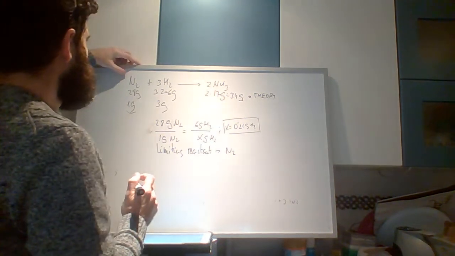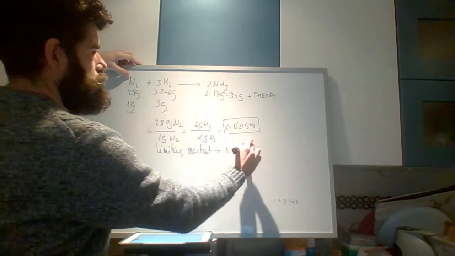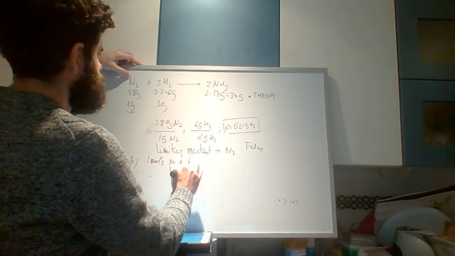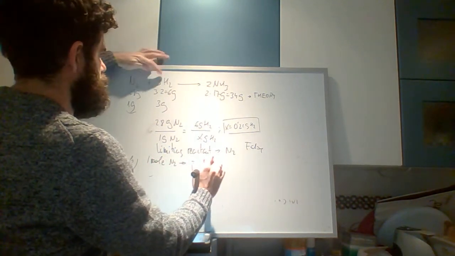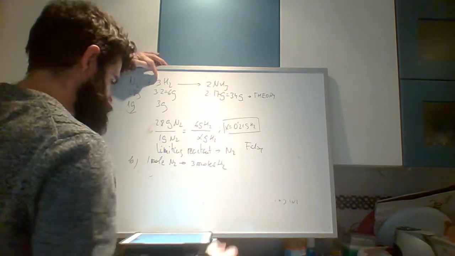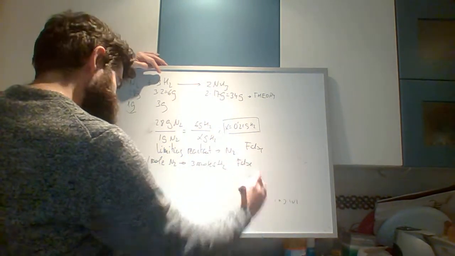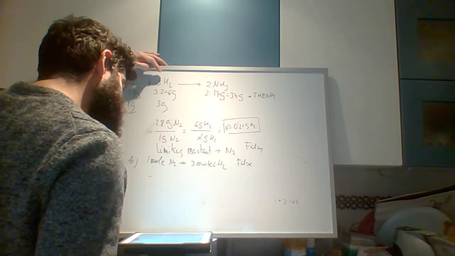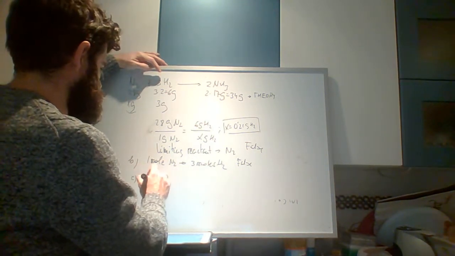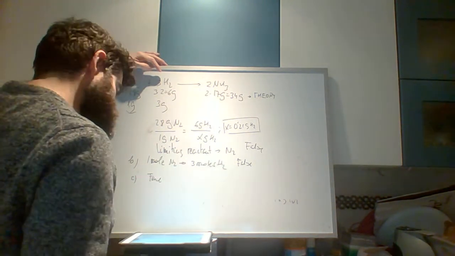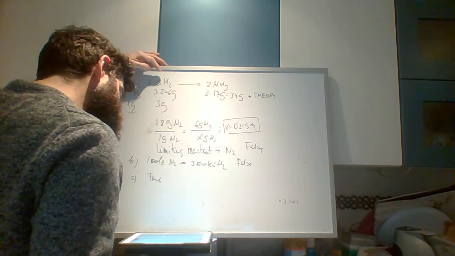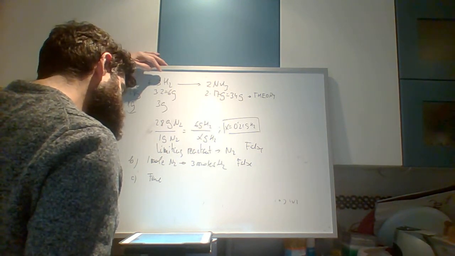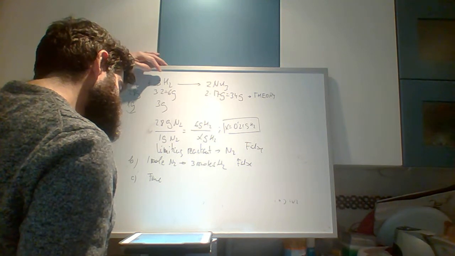The second question: 1 mole of nitrogen reacts with 1 mole of hydrogen? No, because 1 mole of nitrogen reacts with 3 moles of hydrogen, so it's false. The third one: 1 mole of nitrogen requires 3 times the quantity in moles of hydrogen. That's it, this is the conclusion, so true. D: 28 grams of nitrogen react with 2 grams of hydrogen to form 50 grams of ammonia in this mass ratio.